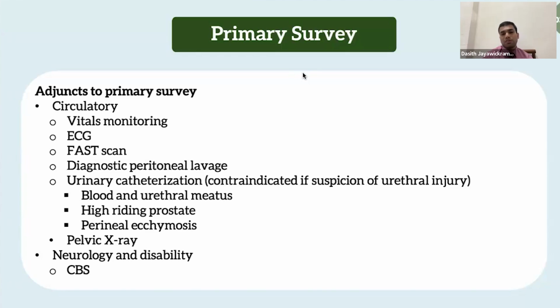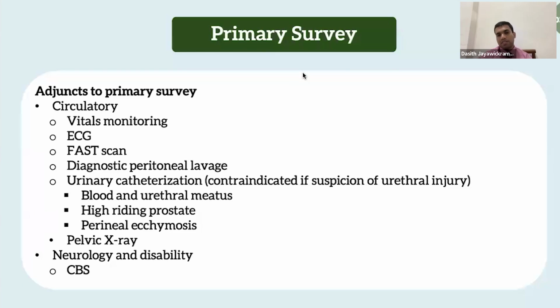For a FAST scan to detect fluid in the abdomen, it should be at least more than 100 milliliters of blood or fluid. So if it's a smaller bleeder, he might not pick it up. So that is the disadvantage of the FAST scan. It is operator dependent. Okay, that is what I want to highlight.